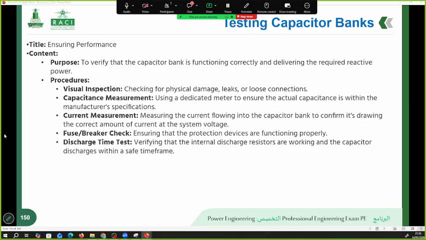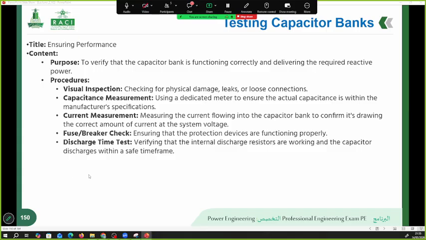Over time, capacitors can degrade due to factors like heat, voltage stress, and age. Routine testing helps to identify any underperforming or faulty units before they lead to a system failure, thereby ensuring the reliability and the efficiency of the power grid.